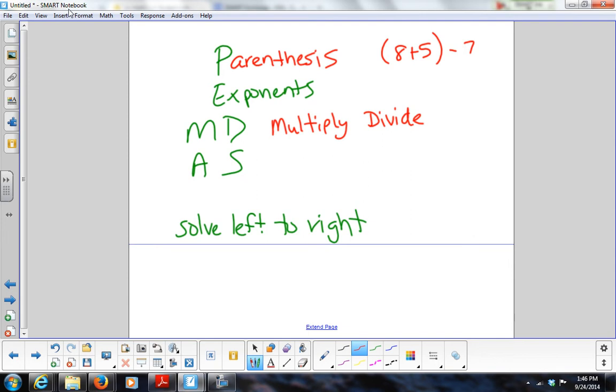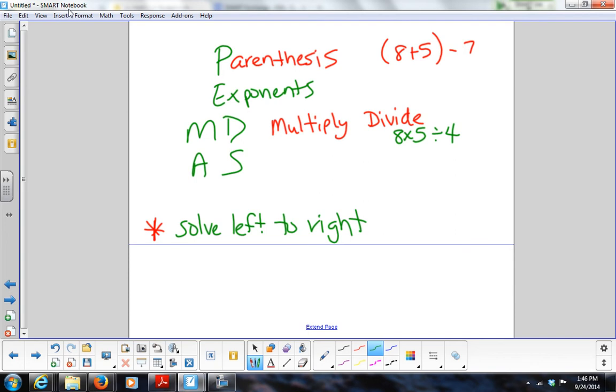Okay. That's where this comes into play. When you have two letters next to each other, you solve from left to right. So if I have something that looks like this, 8 times 5 divided by 4, I would solve 8 times 5 first, and then I would divide by 4.